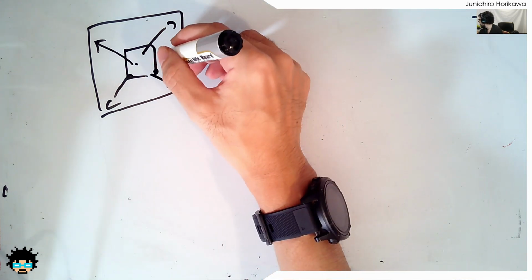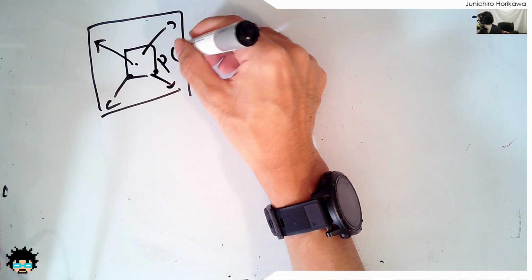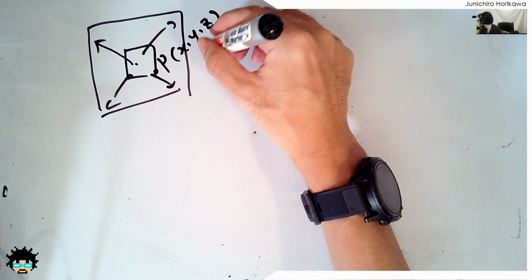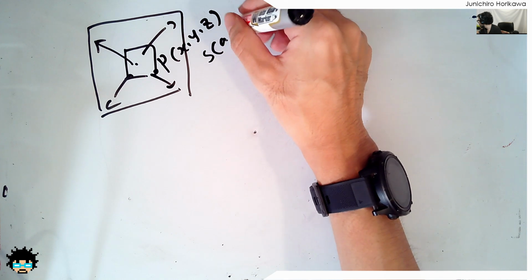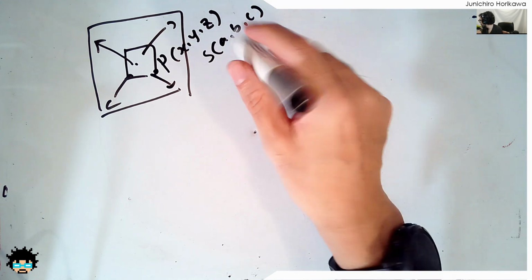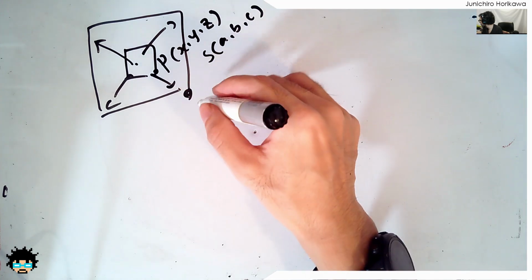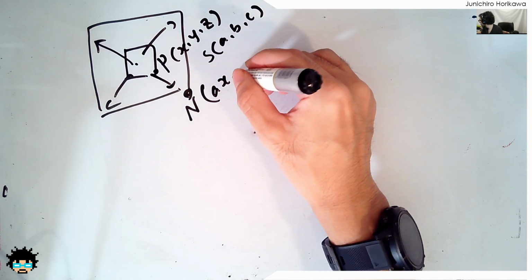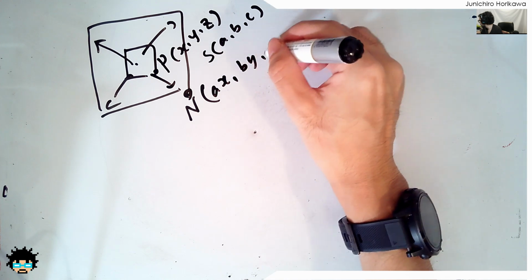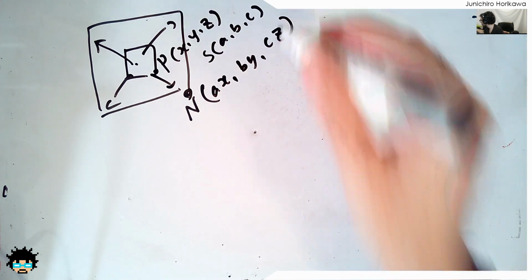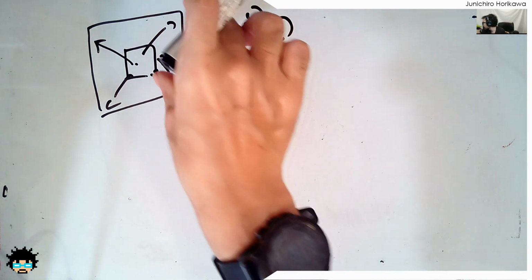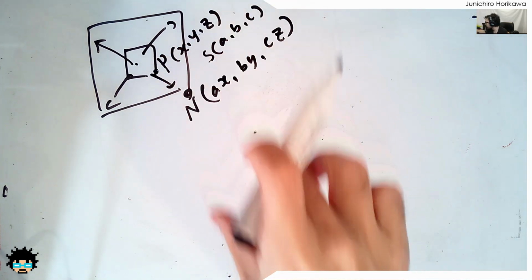So let's say this point position is x, y, z, and the scale value is a, b, c. Then the new coordinate is ax, by, and cz, which is equivalent to the multiplication between the p and the s value here.